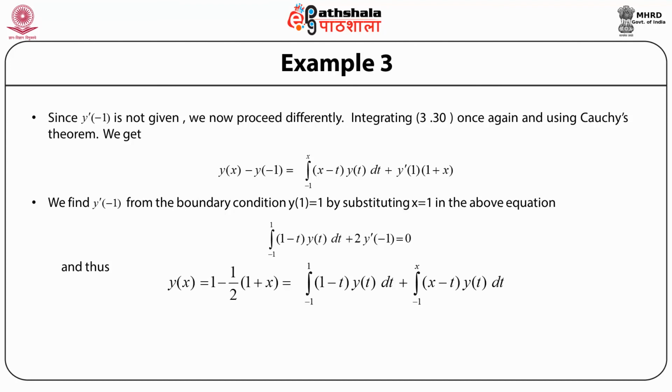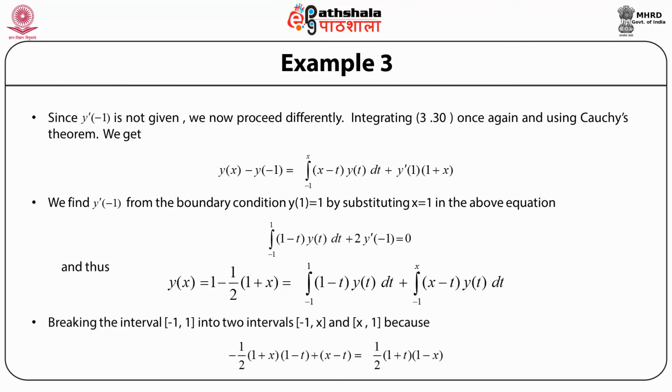And thus y prime can be substituted and we get y of x is equal to 1 minus half into 1 plus x, integral from minus 1 to 1 of 1 minus t yt dt, plus the integral from minus 1 to x of x minus t yt dt.